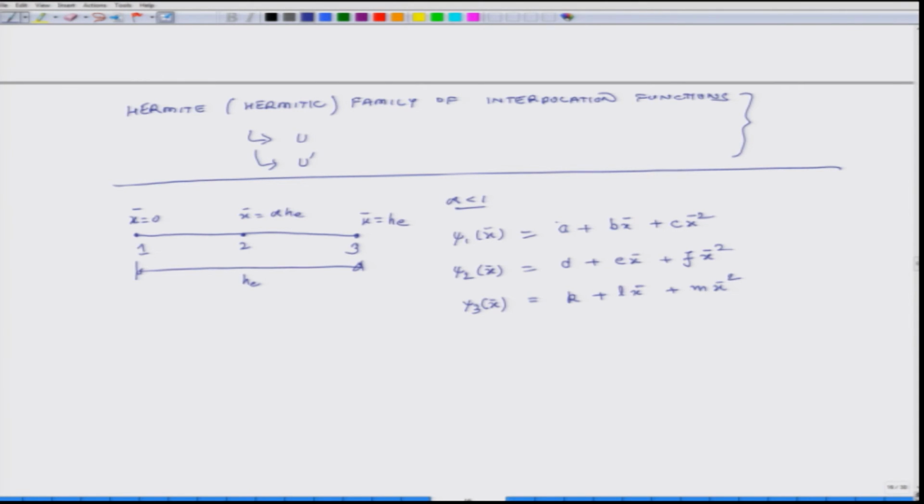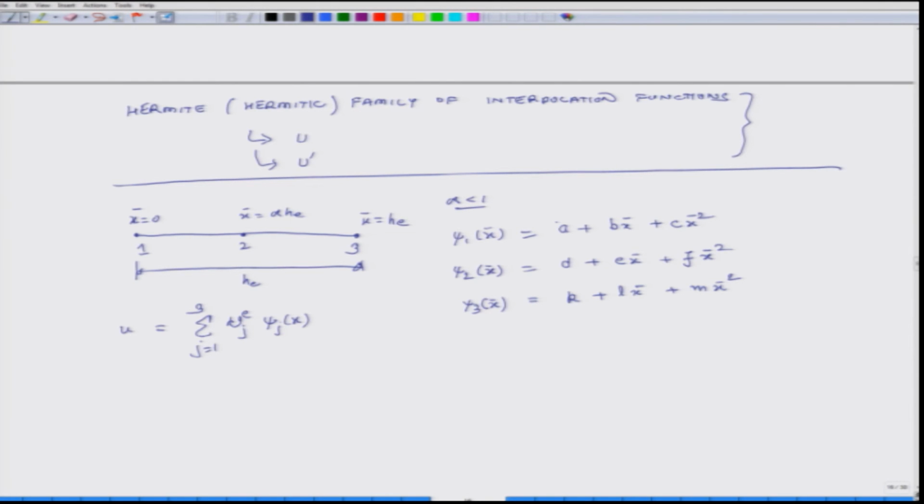So, we do not know what the values of a, b, c, d, e, f, k, l, m are, and we have to figure them out. But we also know that the value of u over the element varies, and it can be written as the sum of u_j^e psi_j(x), j equal to 1 to 3, because there are 3 functions.